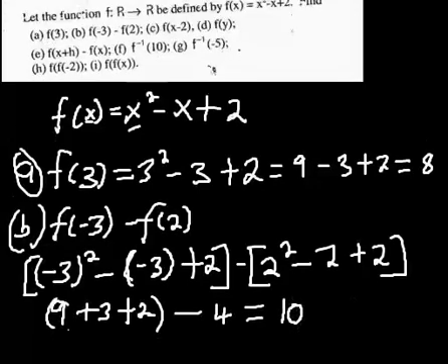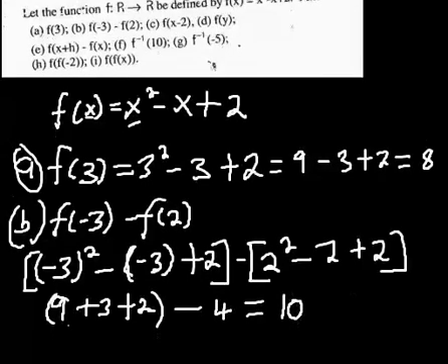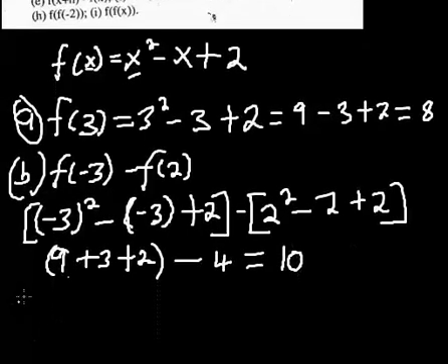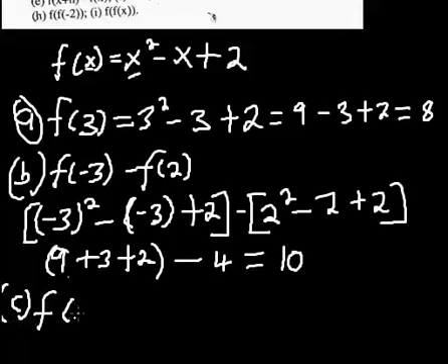Let's go to the next, C part of the question. We are being asked to find f of x minus 2. So let's do that. Any place I see x, I'm putting x minus 2.